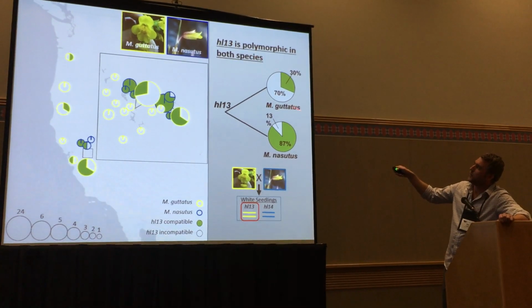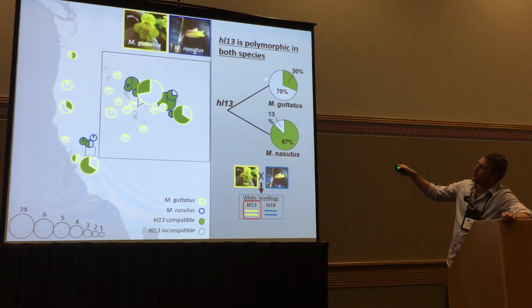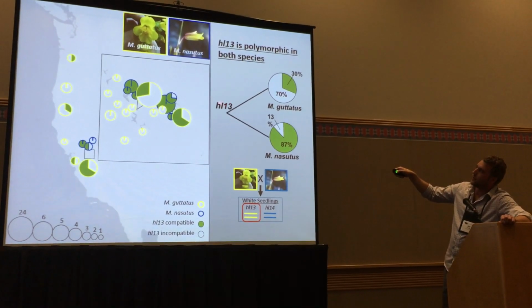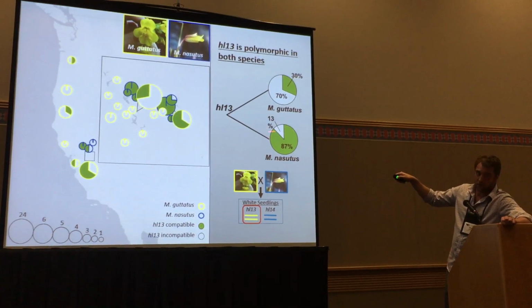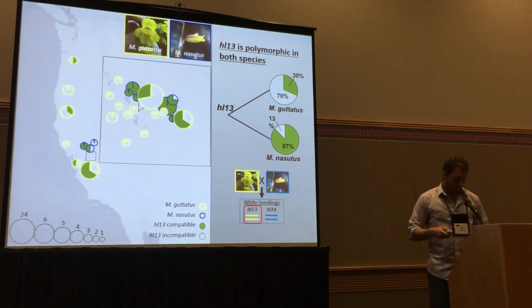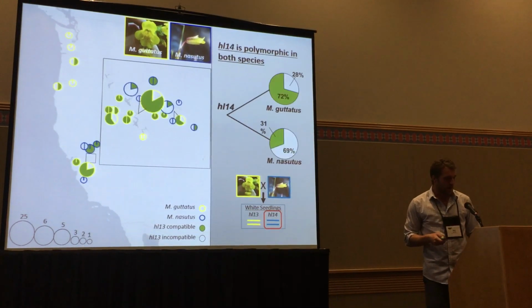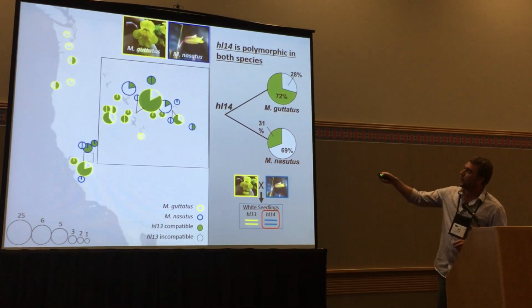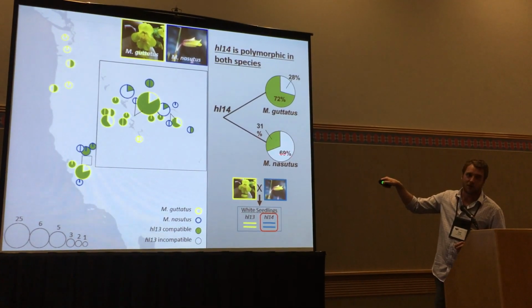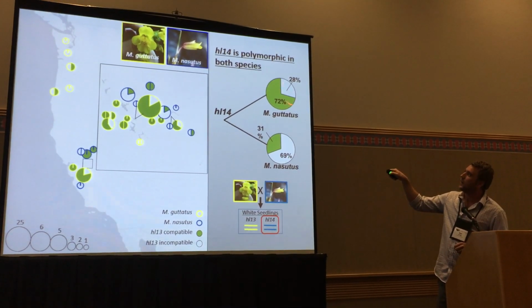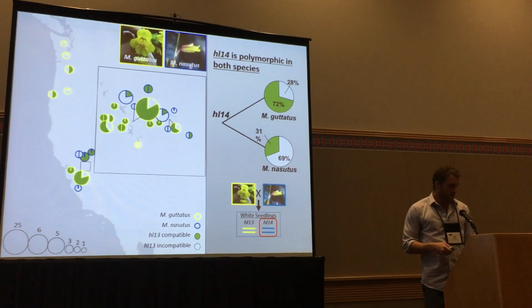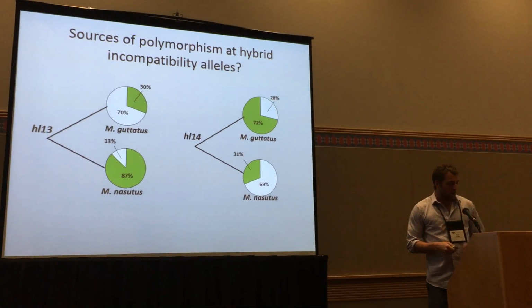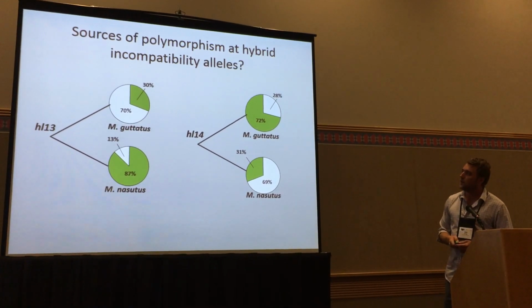These are global allele frequencies, so you can see that guttatus generally has a high frequency of the HL13 incompatibility allele, and nasutus has a low frequency. If we look at the other allele, you see essentially the opposite pattern: a high frequency of the incompatibility allele in nasutus and low in guttatus. So these are the global allele frequencies.